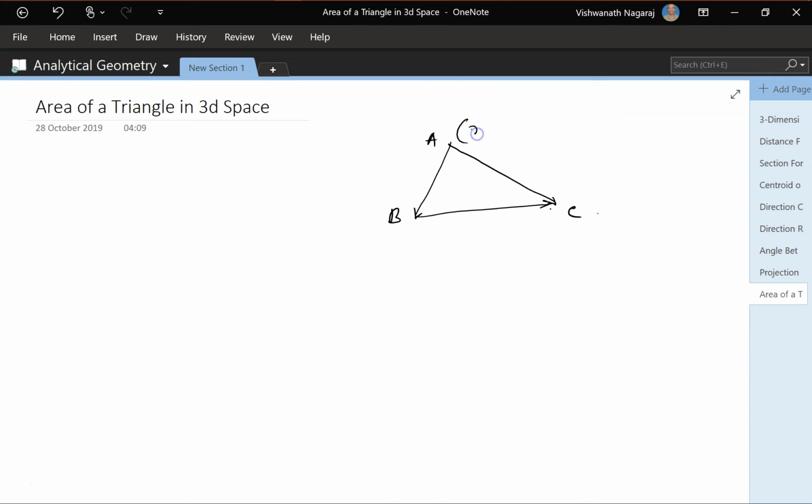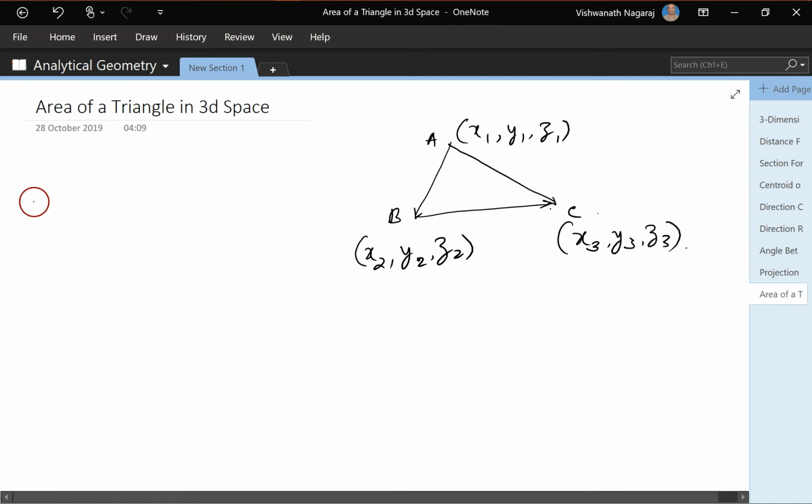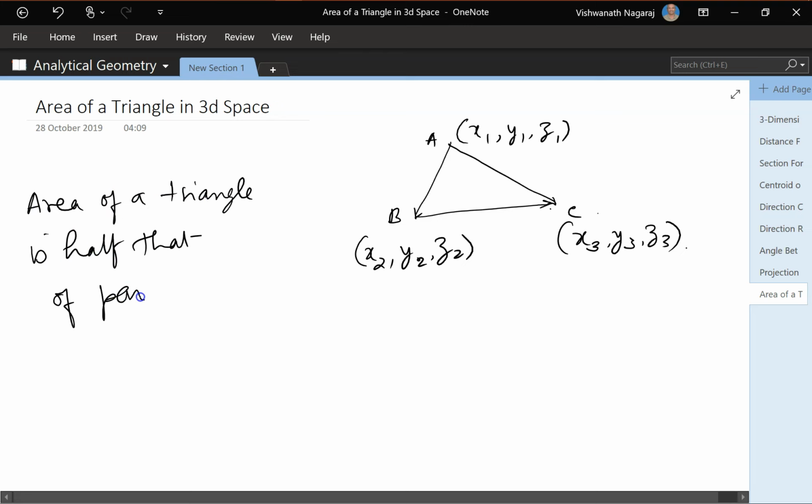Let's say A is x1, y1, z1, B is x2, y2, z2, C is x3, y3 and z3.